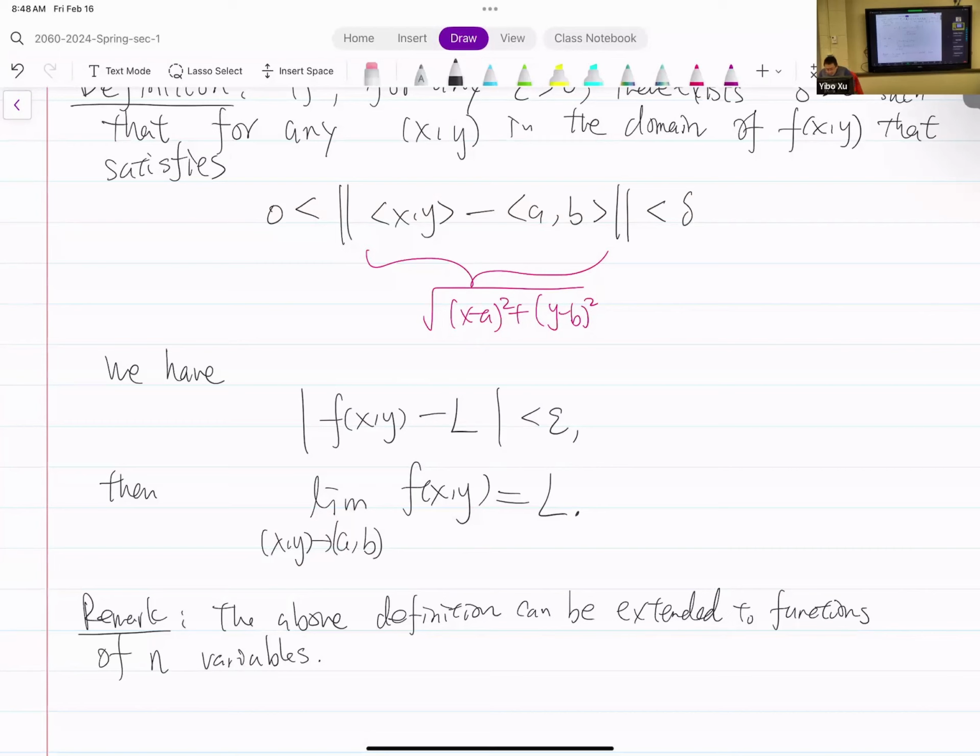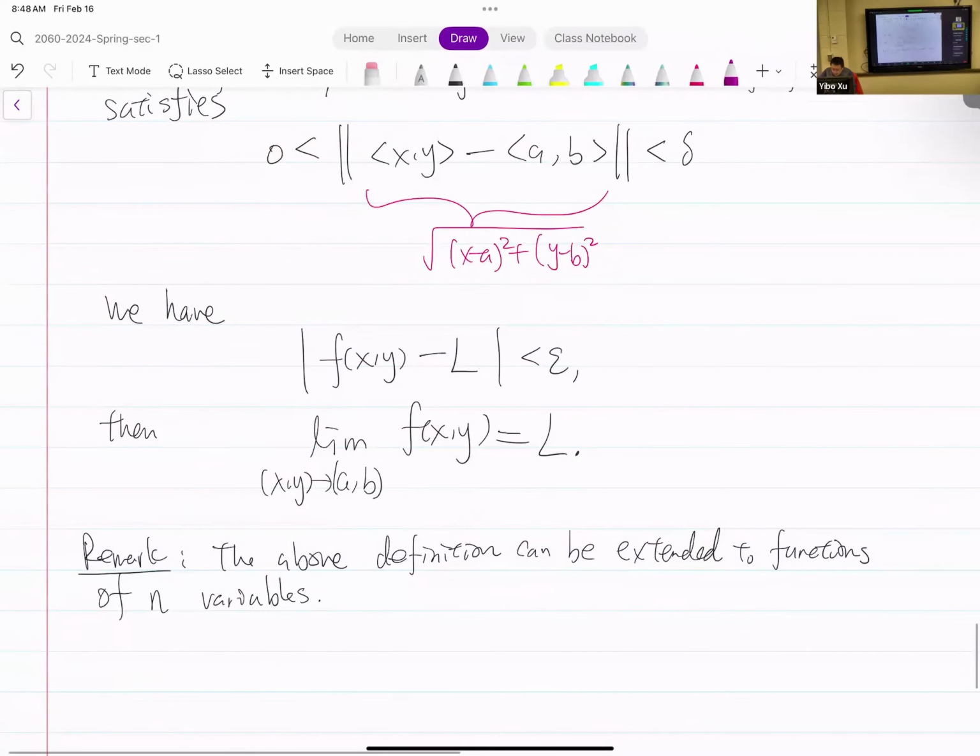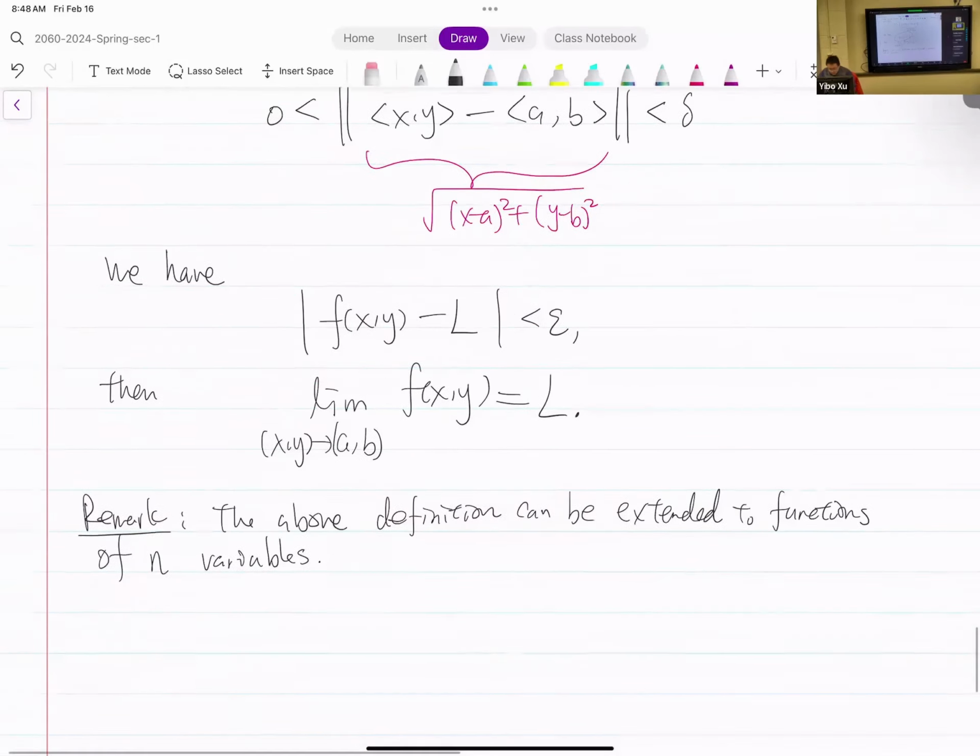So now we have the bivariate case, but in general, if you have n variables, then you just say the input point x1 all the way up to xn is within delta distance from the data point that you are approaching, and as long as your function value is within epsilon, then your function is good.